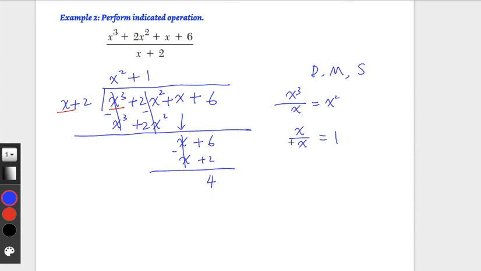And remember, every single time I use exactly the same process here. I just keep moving here. Some students might say, how do you know 4 is not going to be continued? Because there's no variable x here. The reason I still continued before is because they both have x. You can only continue when the degree is not lower than this, okay? So that's why the answer is x squared plus 1, and the remainder is 4.